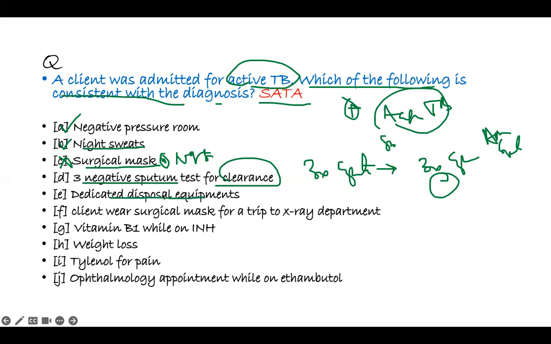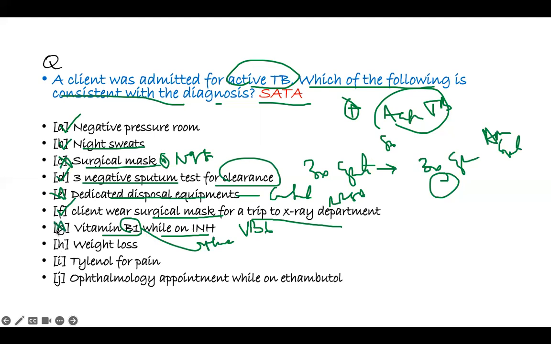Dedicated disposable equipment. No, this is for contact precaution, like MRSA. Client wears surgical mask for a trip to X-ray department. Yes. Vitamin B1, while on isoniazid, they need vitamin what? B6. B1 is thiamine. Okay.